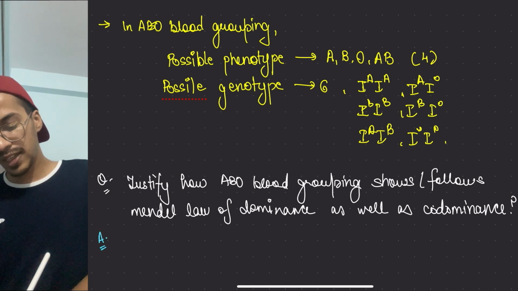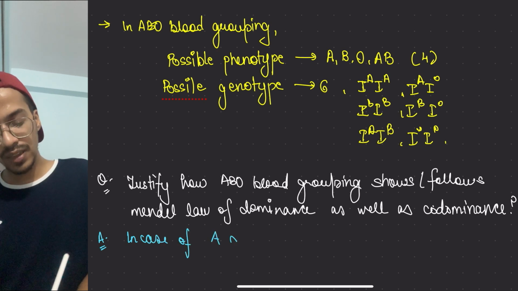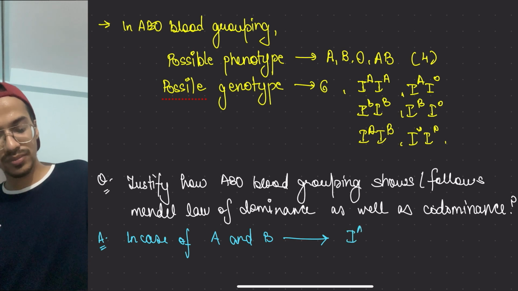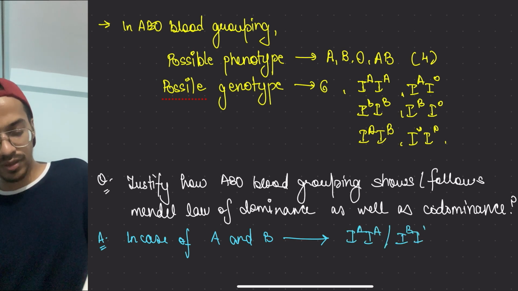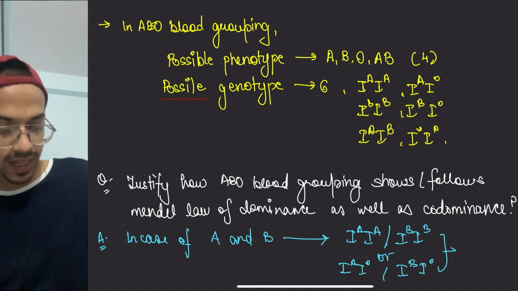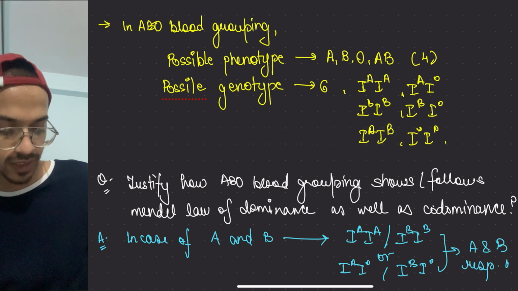In case of A and B, what is happening? If this condition is there, or if this condition is there, it will show A and B respectively as the dominant character.